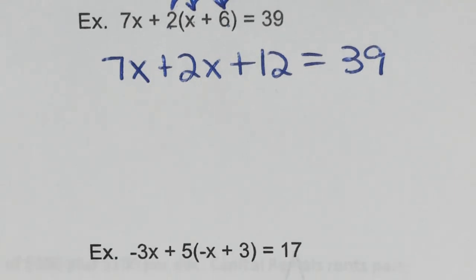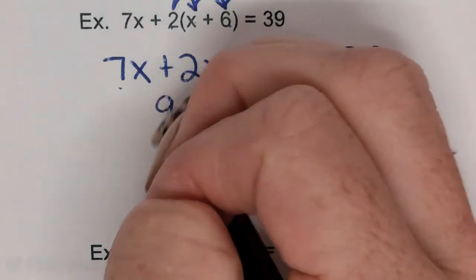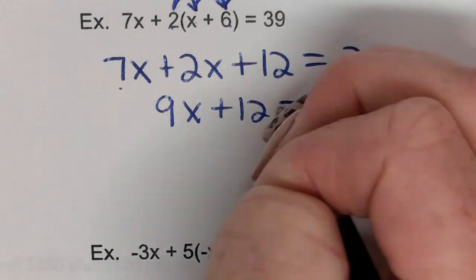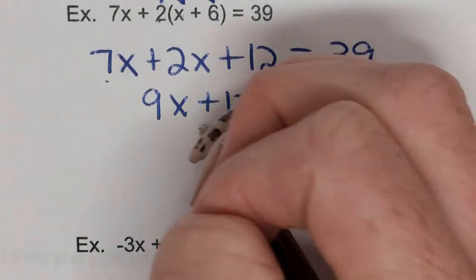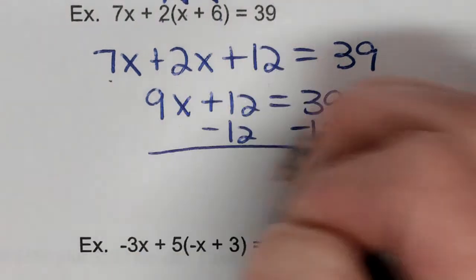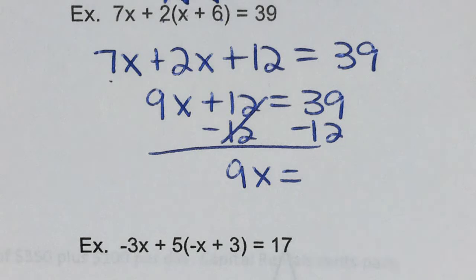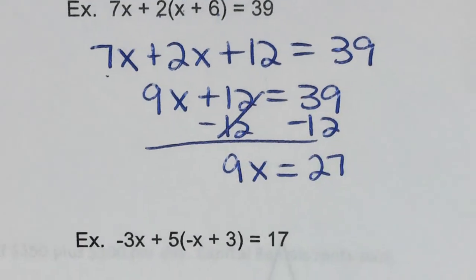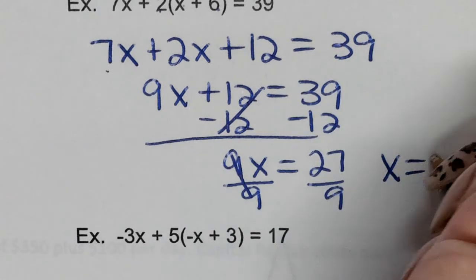All right, can I combine like terms? What's 7x plus 2x? So I have 9x plus 12 equals 39. I'm going to subtract 12 from each side. So I have 9x equals, and 39 minus 12 is 27. I'm going to divide by 9, and I get 3.